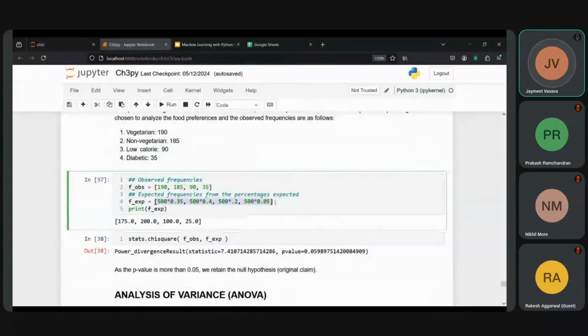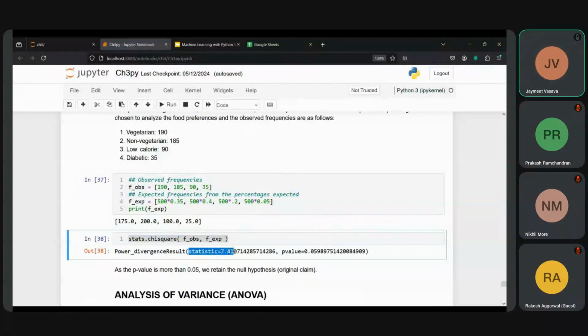We simply converted the percentage values into actual values, and we got this for our expected frequency.